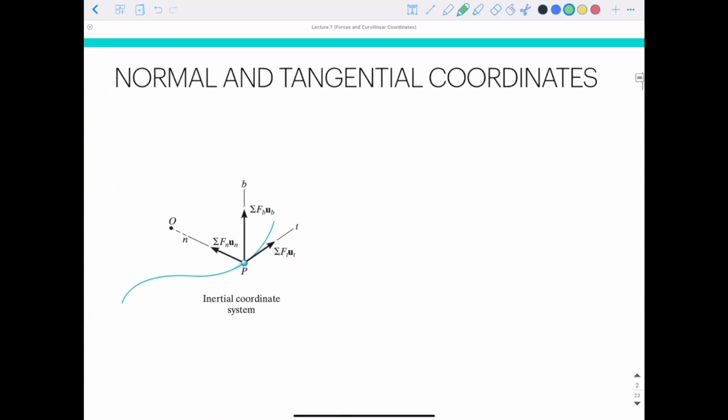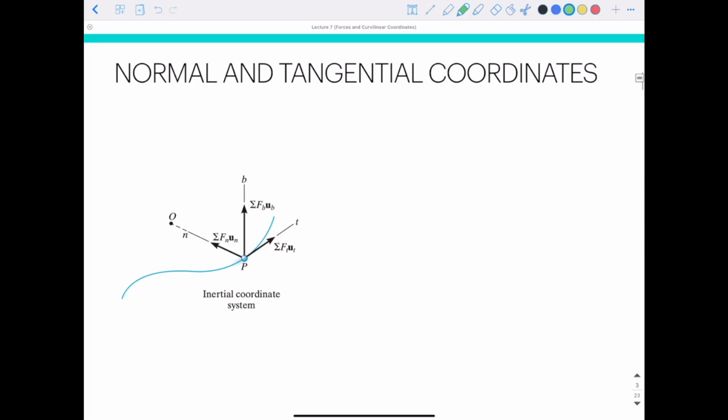So let's look at normal and tangential coordinates again. When a particle moves along a curved path, just like we discussed when we were talking about motion and kinematics, we wrote a coordinate system that moves with that particle, and we defined a tangential coordinate, a normal coordinate, and then also a binormal coordinate if we had three-dimensional motion.